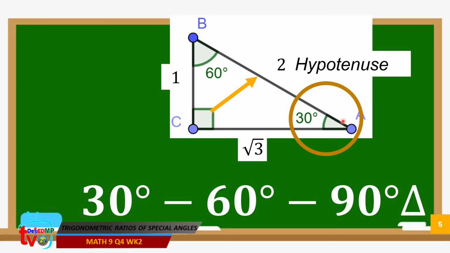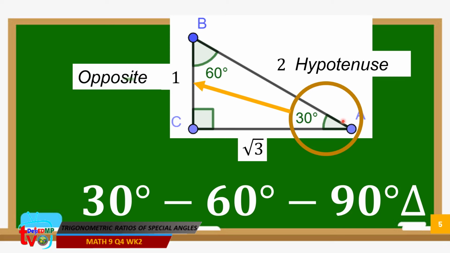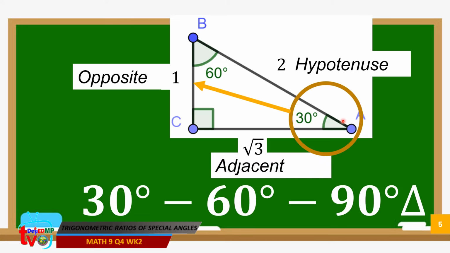Can you tell me where the opposite side is? Yes, you're right again. Our opposite side is line segment BC. And of course, the third side is our adjacent side since it lies beside our reference angle. Now, let us then solve for the primary trigonometric ratios of a 30-degree angle. Are you ready?